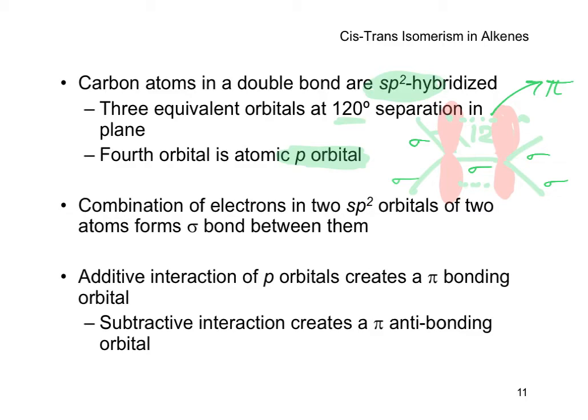pi bonding. Now, whenever the bonding takes place, there can be additive interaction of the p orbitals, in which case you're going to see, recall from your Gen Chem 1 experience, your teacher may have talked about how the overlap, if both of these are plus, then they're going to add on, right? So that's the additive.